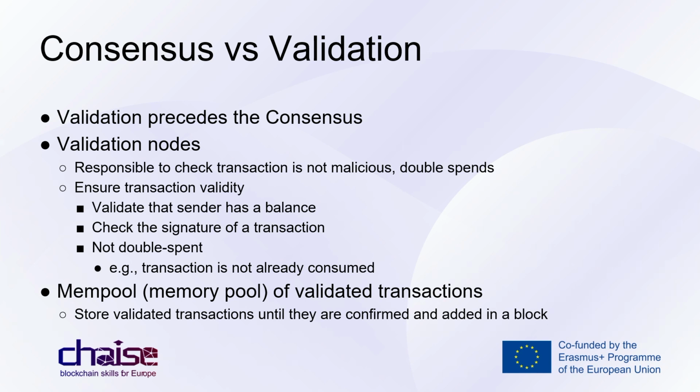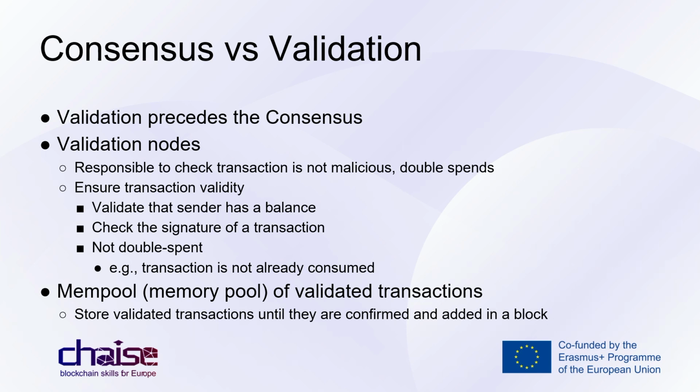If the signature is valid, they let it go on for further processing. They also check that the transaction is not double spent, for example that the transaction is not already consumed. Here it is important to note that validation and consensus are not the same thing.